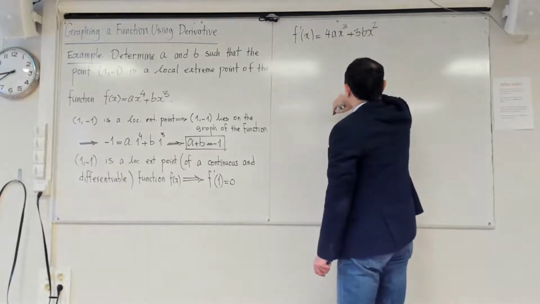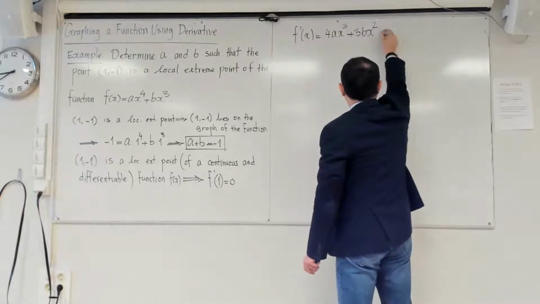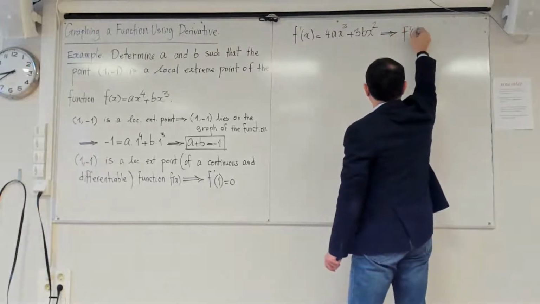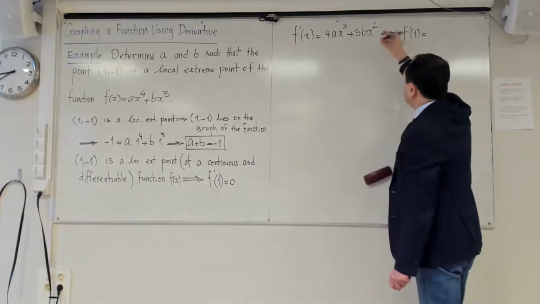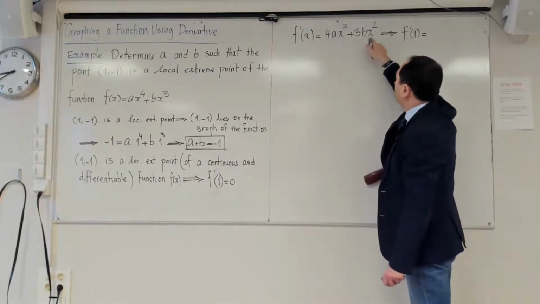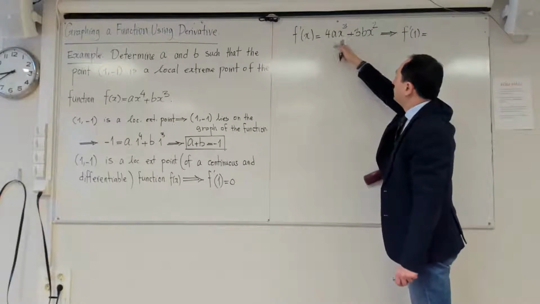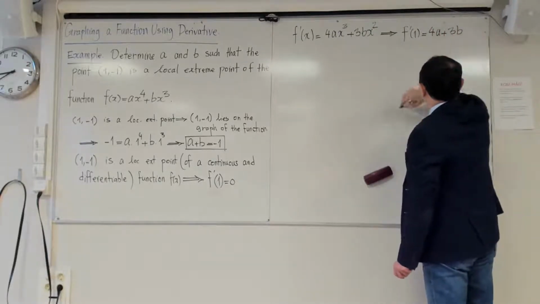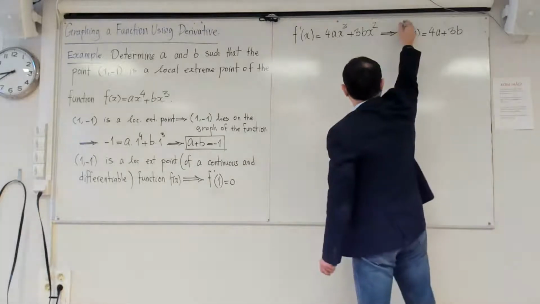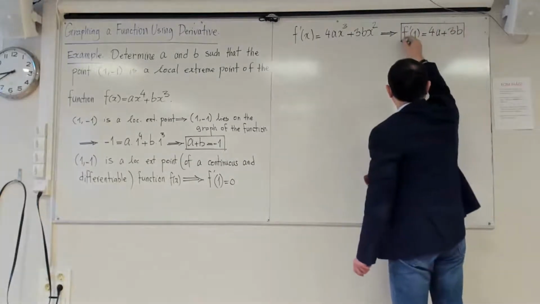And then what is f prime of 1? I have to replace x with 1 everywhere. 1 to the 3, 1 to the 2, both of them are equal to 1. So this becomes 4a plus 3b.